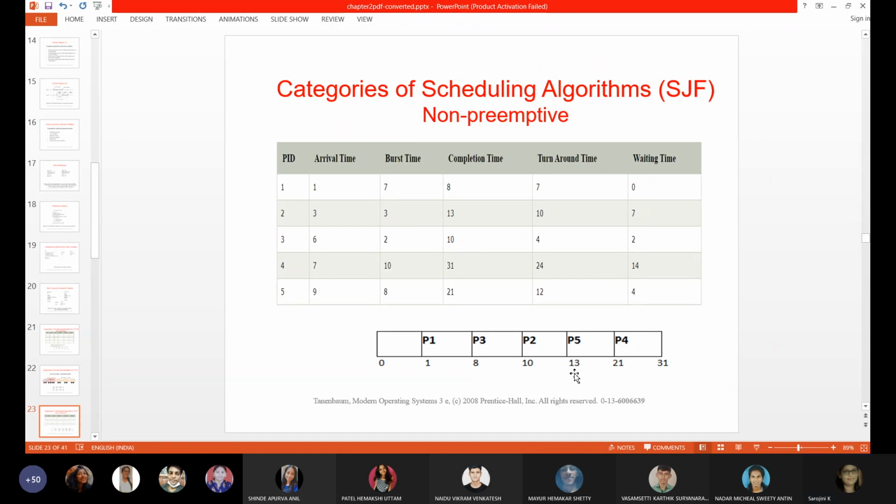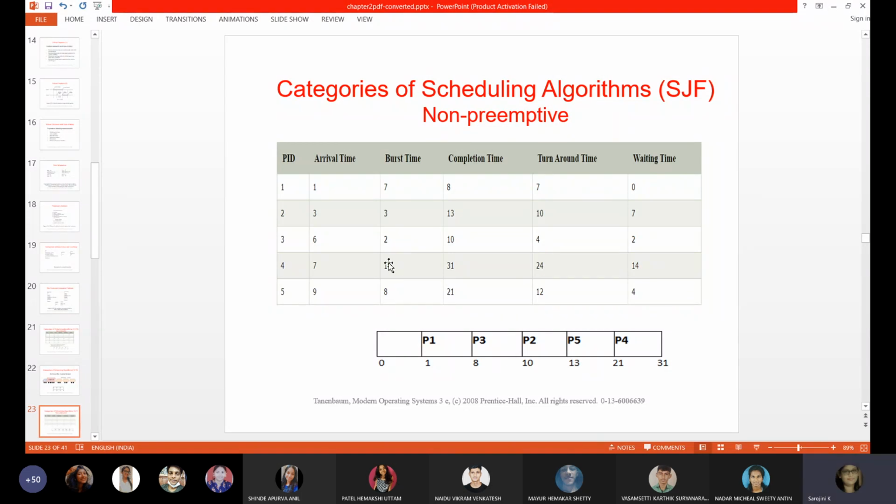Now P2 also completed its execution. As per the given values, no other new process arrived, isn't it? So which processes are in the ready queue to use the CPU? Only P4 and P5.